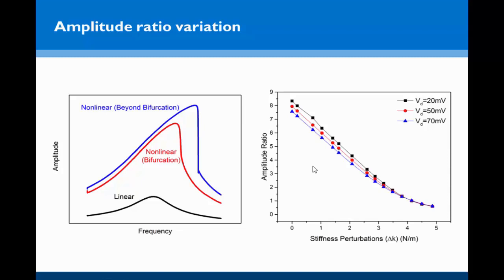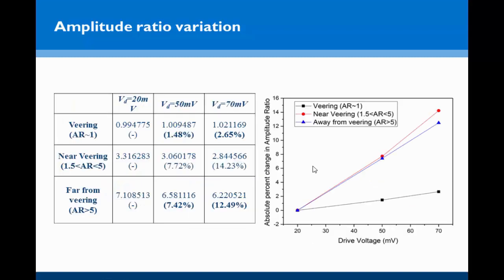And as we move away from that symmetrical case to higher amplitude ratios, we see that the amplitude ratios vary a lot more. This plot shows us about this as well. Around amplitude ratio of 1, we see that the fluctuations remain within 3% or so, as compared to away from that symmetrical case, where it could go as high as about 15%.